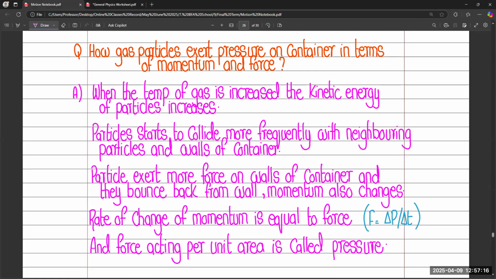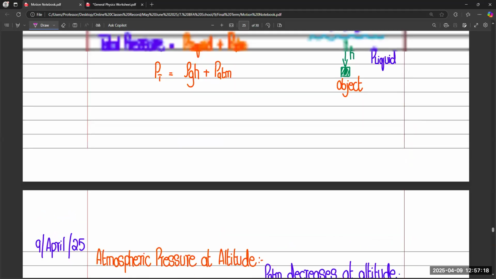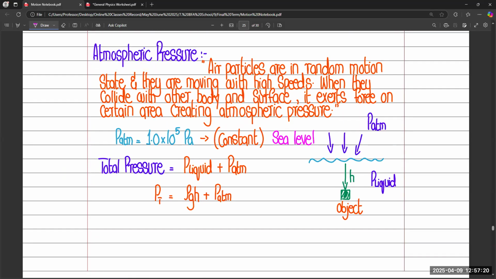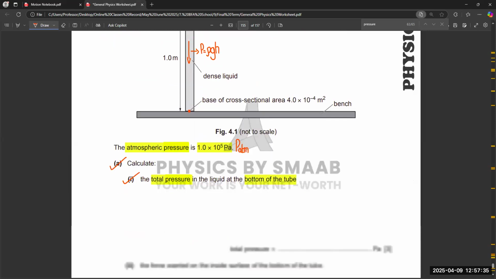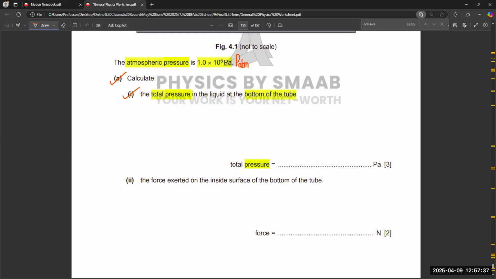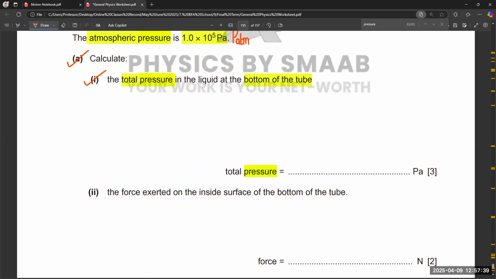So just like in the notes we discussed, when something is at the liquid surface, we have to find the total pressure by adding the pressure in the liquid and the pressure of the atmosphere. So right now we have pressure in liquid and pressure of atmosphere, and the question is to find the total pressure in the liquid at the bottom of the tube.